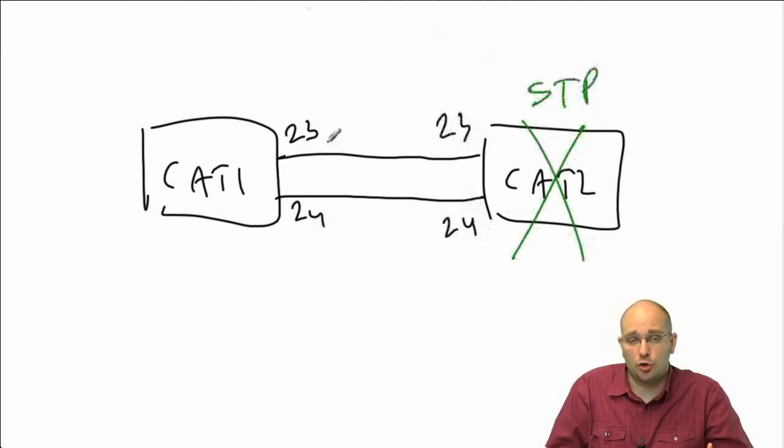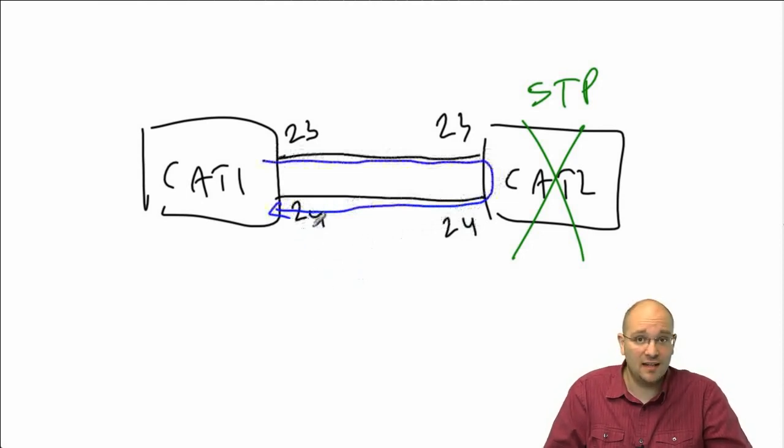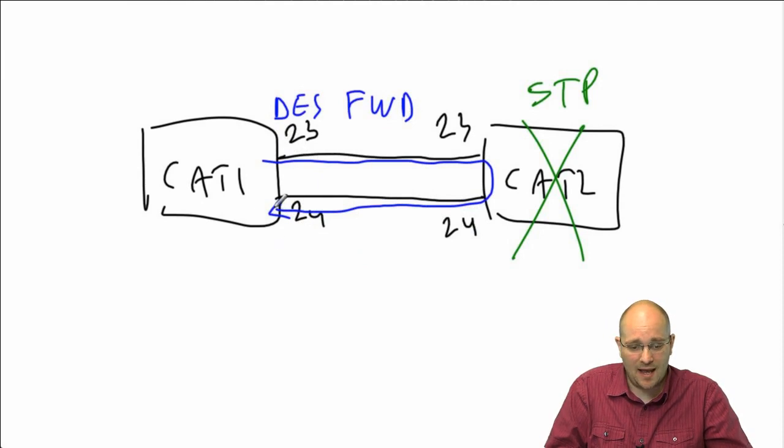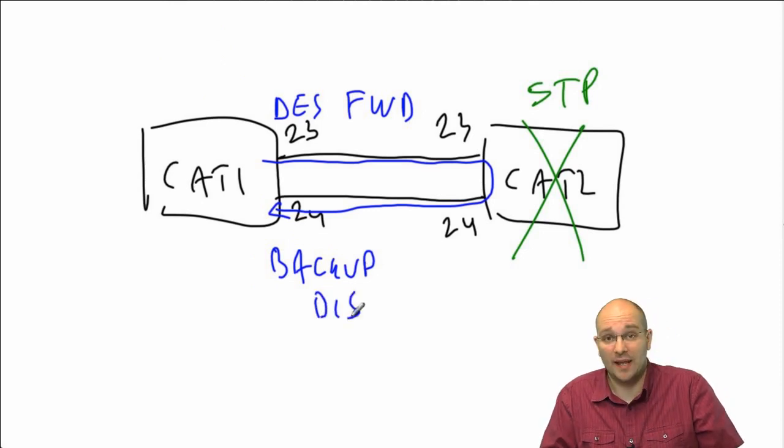What that is going to cause is the BPDU sent from Fast Ethernet 23 will simply be forwarded out Fast Ethernet 24 back to cat1 and vice versa, which means that I should see port 23 being the designated port in forwarding state, and Fast Ethernet 24 will not be the designated port, it will be the backup port in the discarding state, or as Cisco is going to tell me, the blocking state.